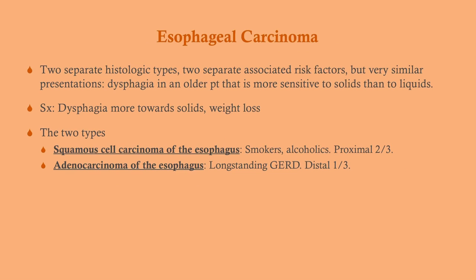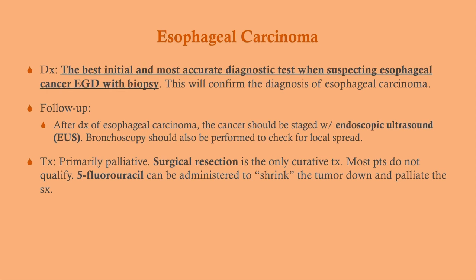And these two cancers, as you probably know, are squamous cell carcinoma and adenocarcinoma. Squamous cell carcinoma is associated with smokers and alcoholics. It tends to be the proximal esophagus, and adenocarcinoma is associated with untreated, long-standing reflux disease, and it arises from Barrett's esophagus, and it tends to be the distal third.